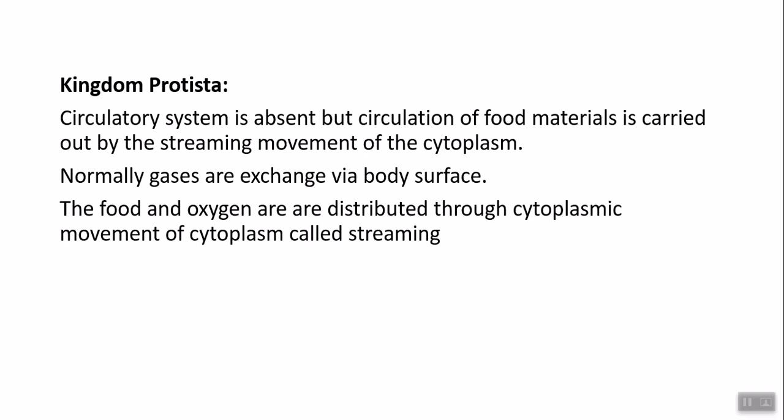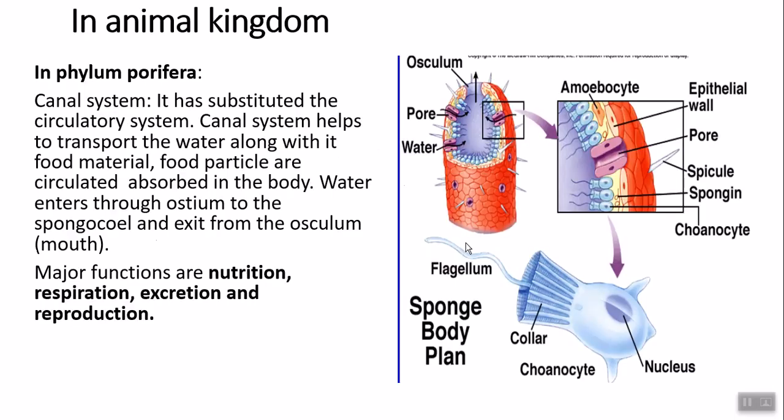This fluid keeps on moving in a certain direction. As a result, the streaming movement of the cytoplasm helps the organism to transport food materials and gases to different parts of the cell. The food and oxygen are distributed through this cytoplasmic movement called streaming.